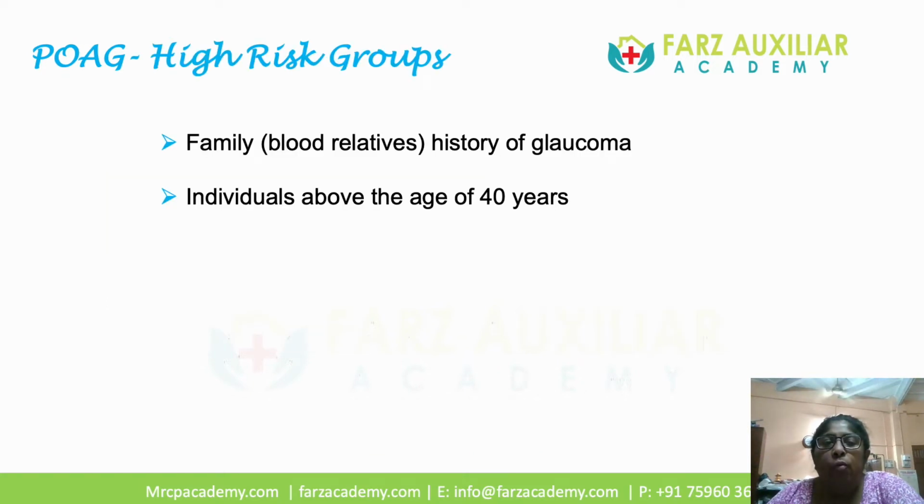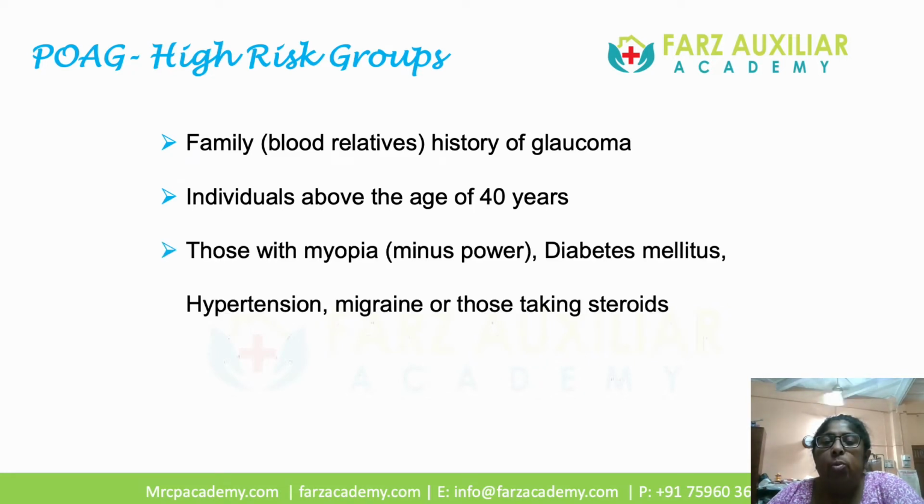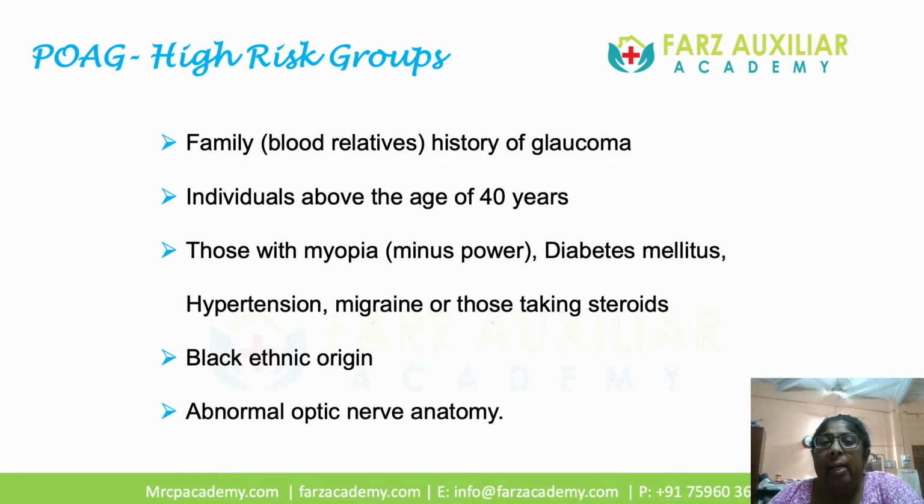The high-risk groups for POAG include family history of glaucoma, individuals above the age of 40 years, those with myopia, diabetes mellitus, hypertension, migraine, or those taking steroids, Black ethnic origin, and abnormal optic nerve anatomy.